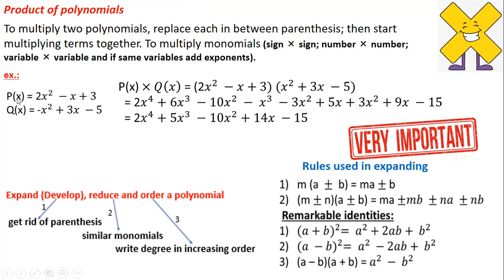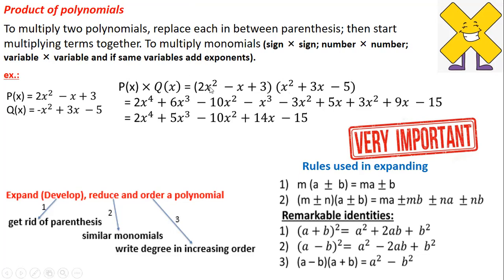Now I have the polynomial p of x, 2x squared minus x plus 3. Q of x is minus x squared plus 3x minus 5. So I want to calculate p of x times q of x. I place p of x in parentheses, and I place q of x inside parentheses. Now we start multiplying. What is the procedure of multiplication?